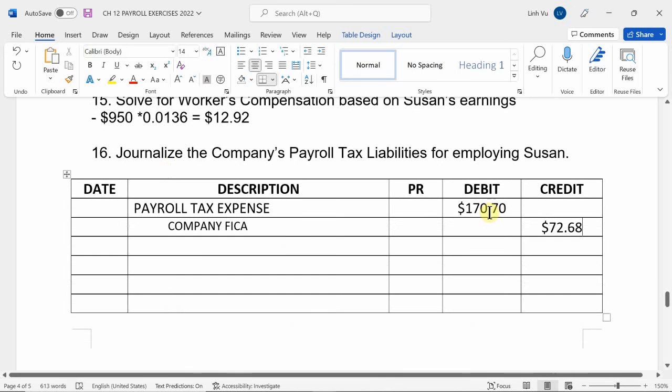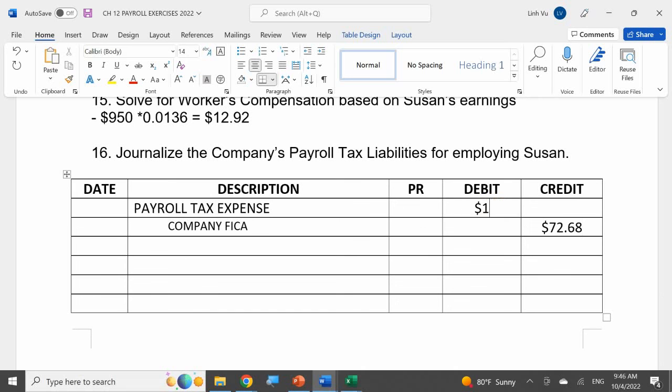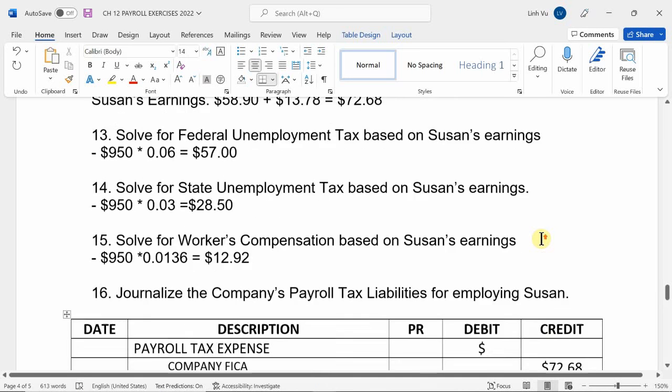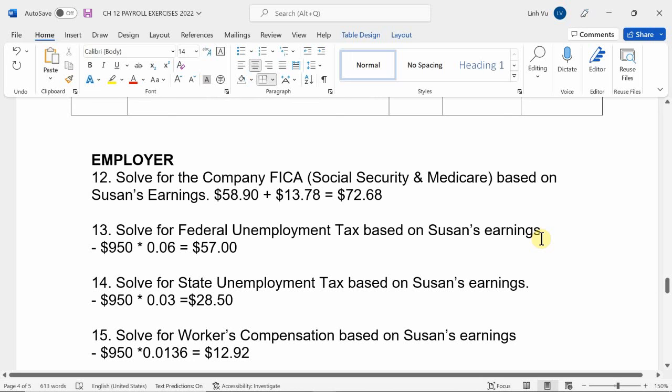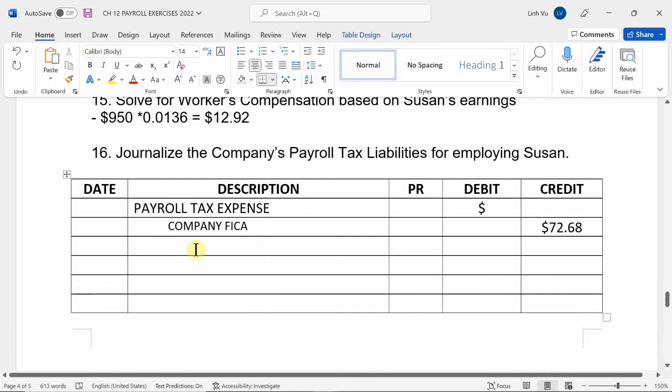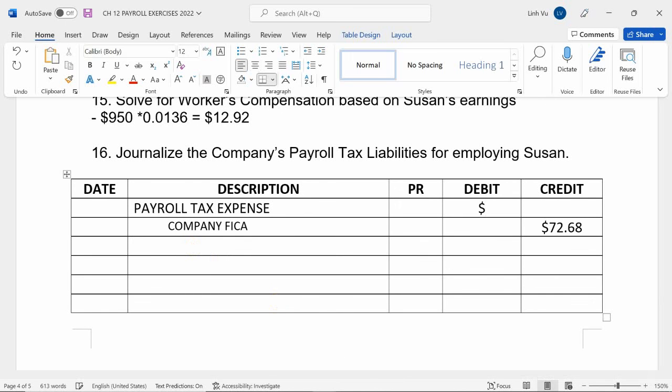FUTA payable is $57. SUTA payable is $28.50.